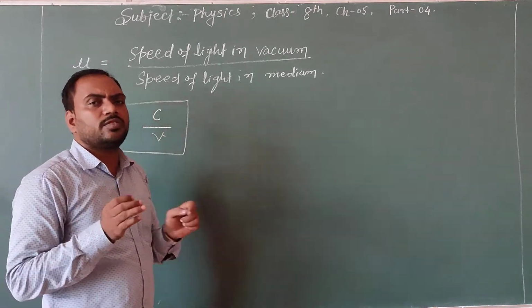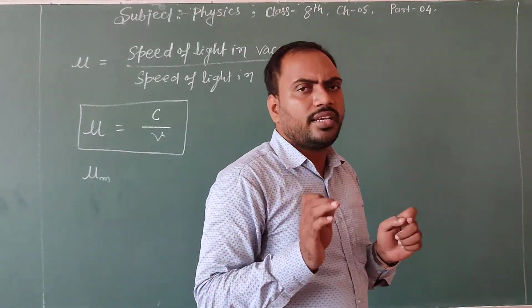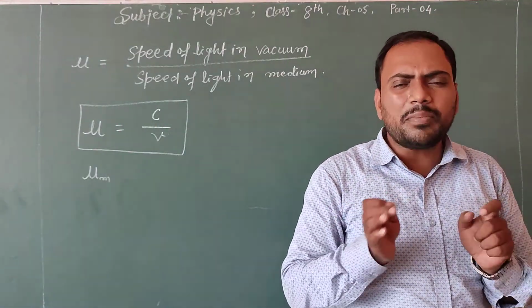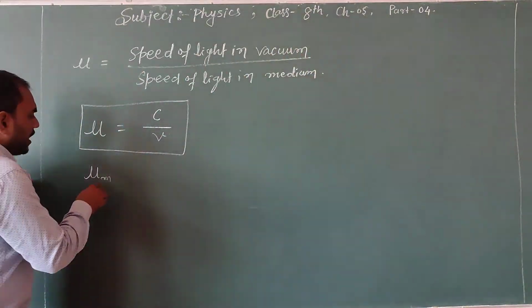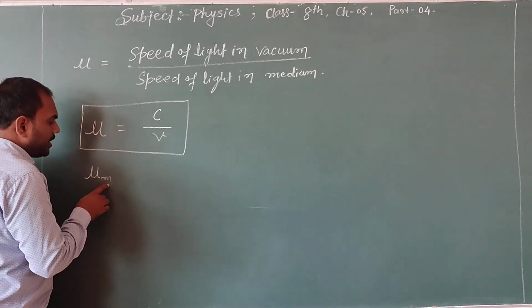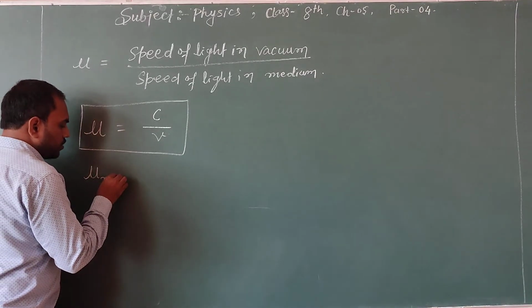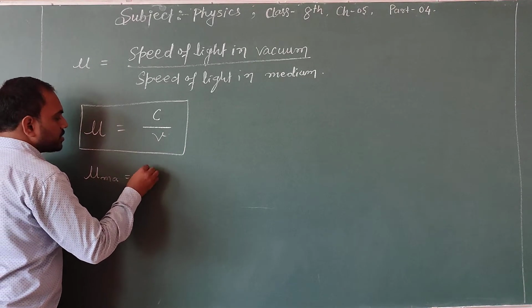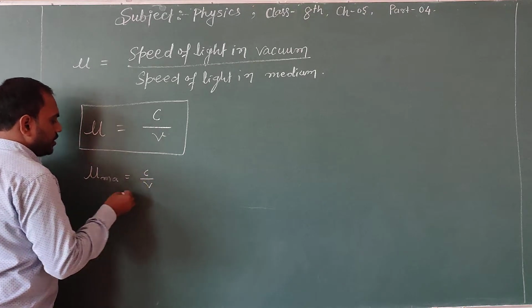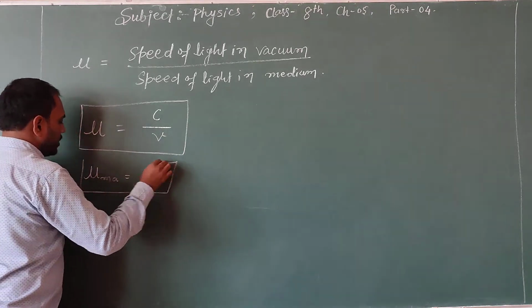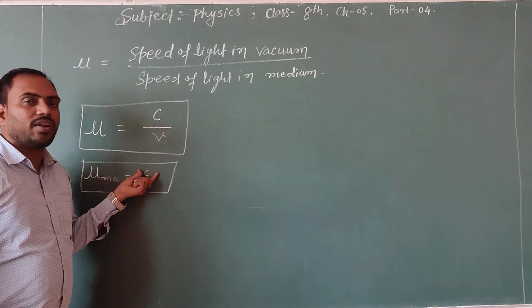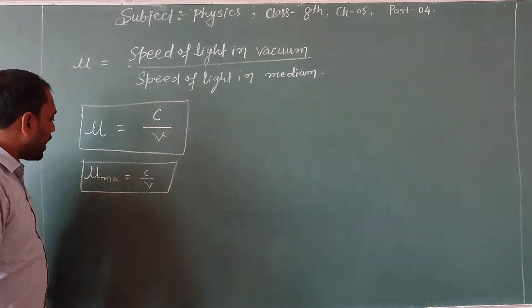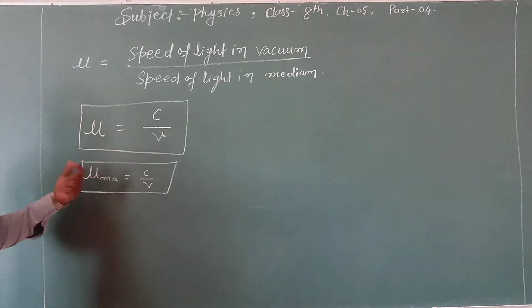The speed is almost similar in air or in vacuum. So we can say that the refractive index of any medium with respect to air is C upon V, where V is the speed of light in that medium and C is the speed of light in air or vacuum. I hope you understand it. It is a general thing.